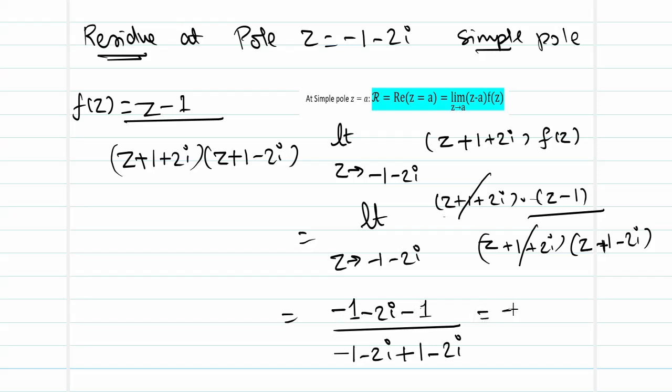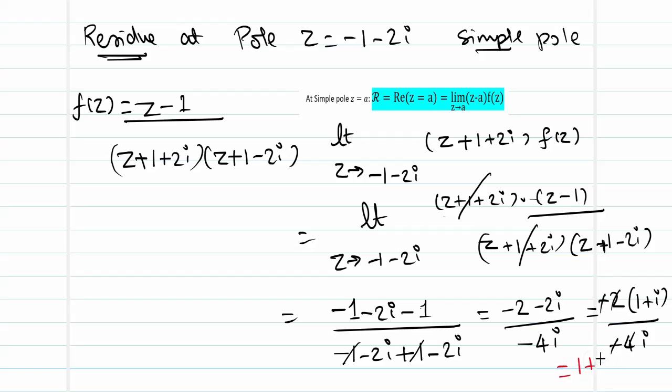Minus 1 makes it minus 2 minus 2i divided by minus 1 and plus 1 cancels off, so that makes it minus 4i. I can take a minus 2 common outside. I will be left with 1 plus i divided by minus 4i. Minus can be cancelled off, 2 can be cancelled off, leaving the final answer as 1 plus i divided by 2i. So I can mark this as my residue number 1.